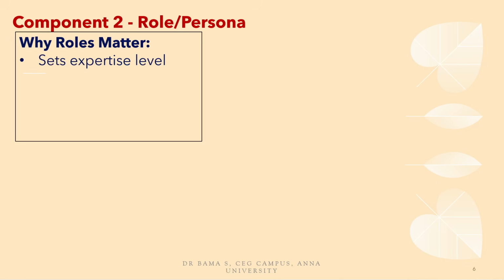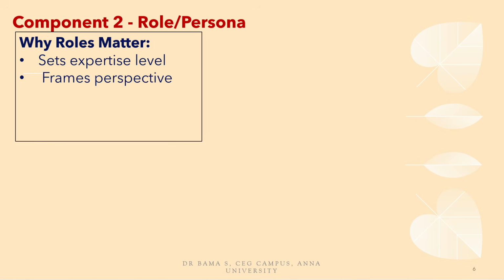The second component is the role or persona. Persona is the expert. We are asking the LLM to be the expert and then give answers according to the role. So, why does it matter? It sets the expertise level. We are narrowing down from the broad perspective to the expertise range.